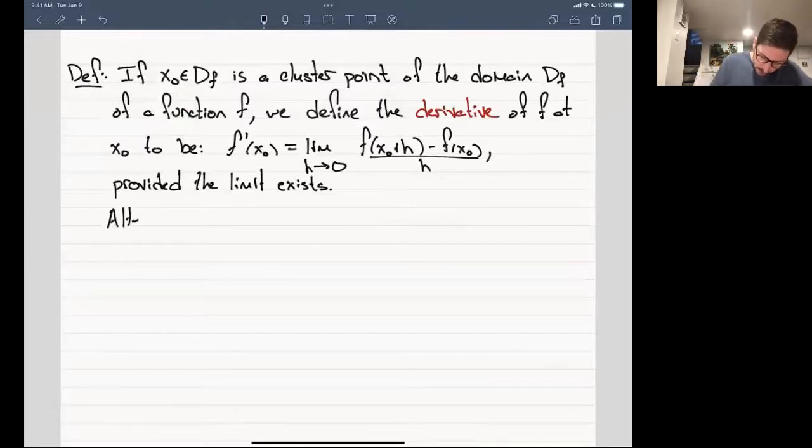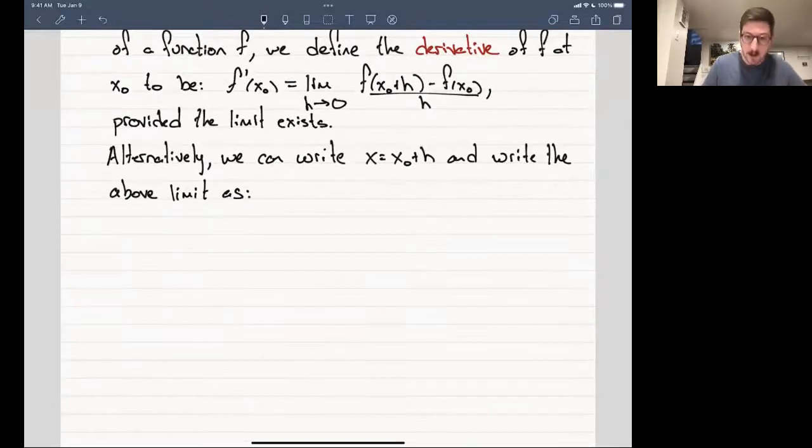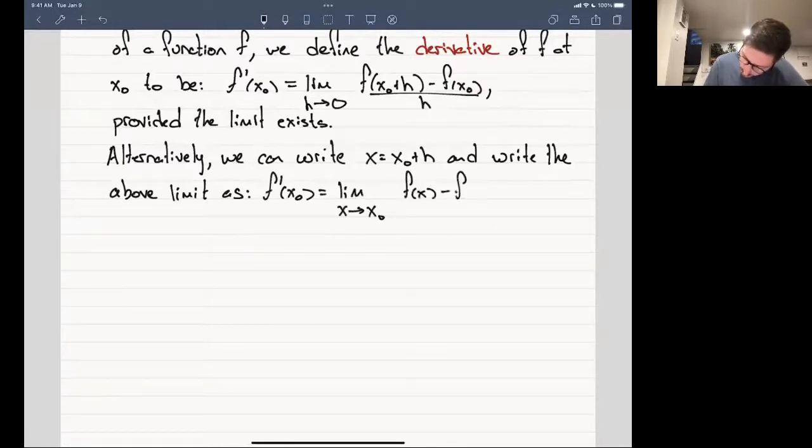Now, alternatively, there's an equivalent way of writing this. We can write, say x is equal to x0 plus h, again, in the domain, and write the above limit as, well, you could just say that f prime of x0 is equal to the limit as x approaches x0 of f of x minus f of x0 divided by x minus x0.